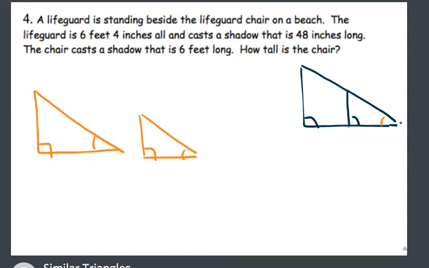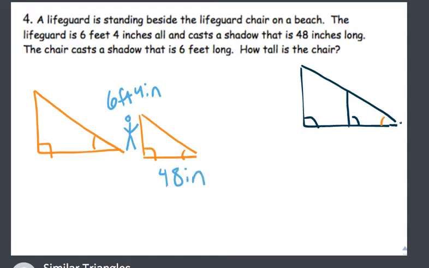And then we're going to set up a proportion to solve here. The lifeguard is standing beside the chair. The lifeguard's 6 feet 4 inches tall, so he's standing here, 6 feet 4 inches, and casts a shadow that's 48 inches.